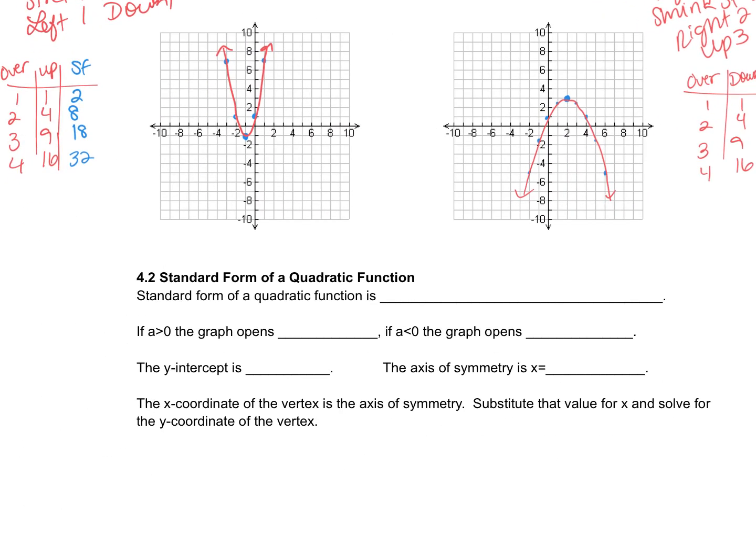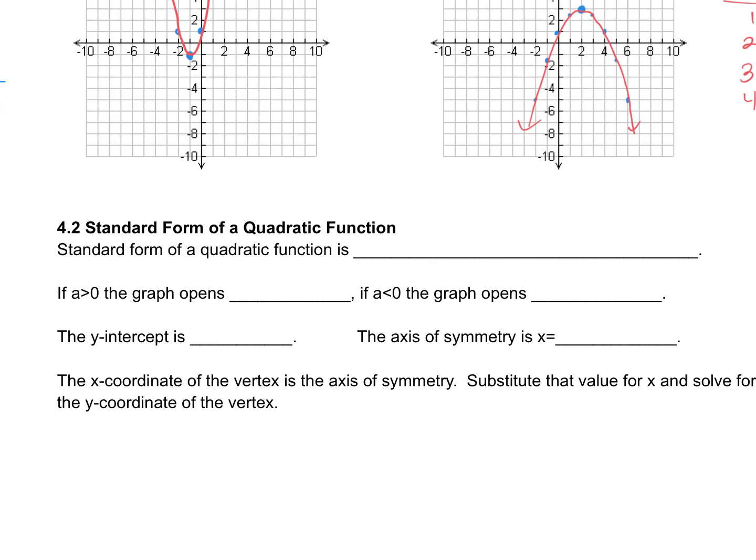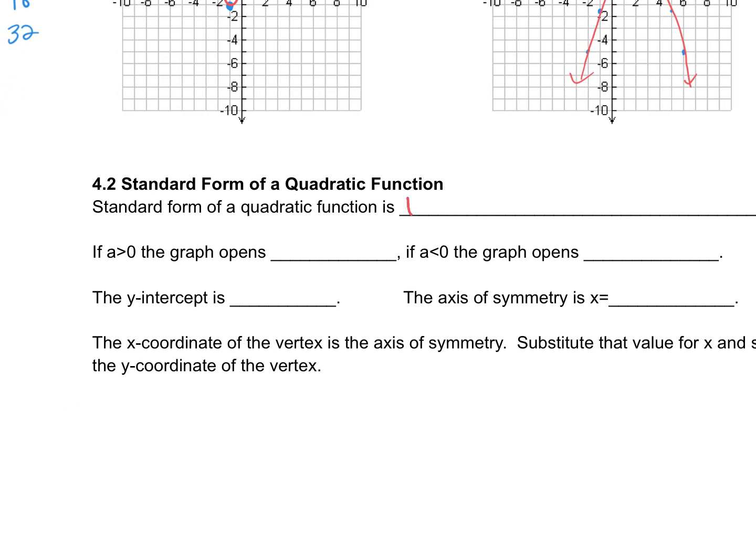So now let's talk about standard form for a quadratic, for a parabola. That's when it's y equals ax squared plus bx plus c. So if your a is greater than 0, aka it's positive, your graph opens up. And if it's less than 0 or negative, it opens down.